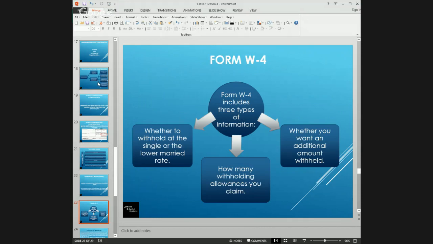So I usually recommend for people who are with a standard deduction and moderate income that they go ahead and withhold with 0 allowances to ensure that as other elements of income come into the picture, you're not actually owing additional taxes. And then you actually have an opportunity to have additional amount withheld.